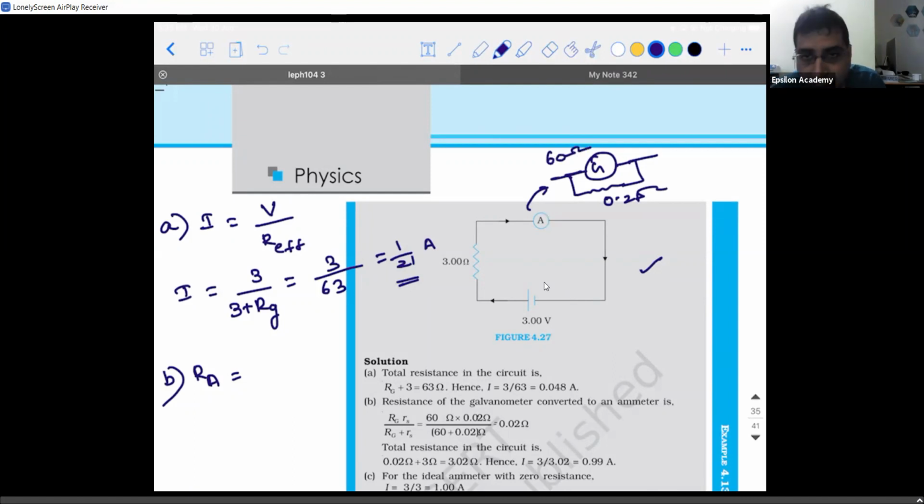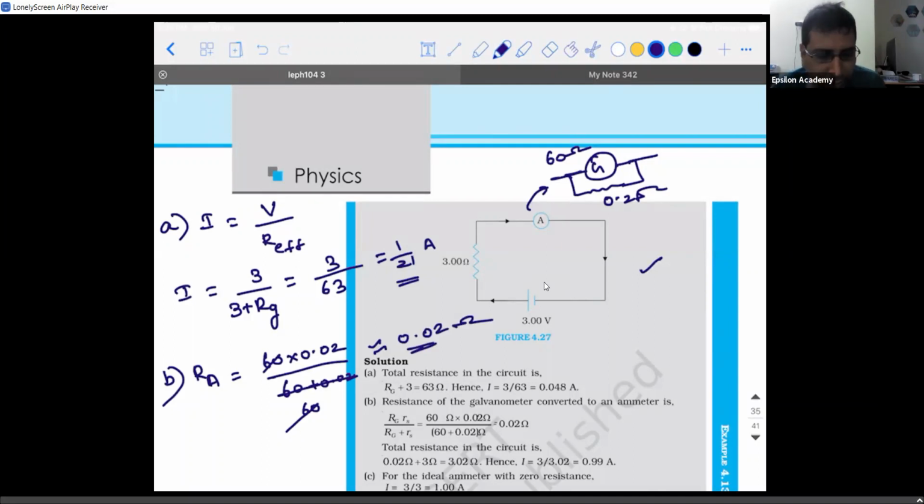So what will be the value of Ra, guys? It is 60 into 0.02 divided by 60 plus 0.02. So 60 plus 0.02 can be approximated to 60 itself, so that you cancel this and this. So approximate value will be 0.02 ohm.